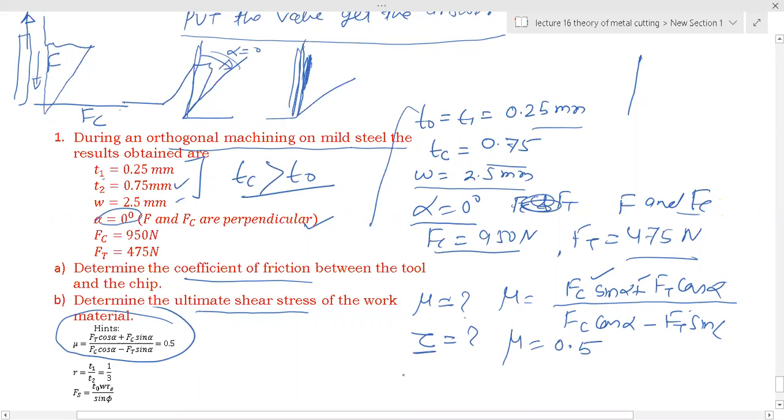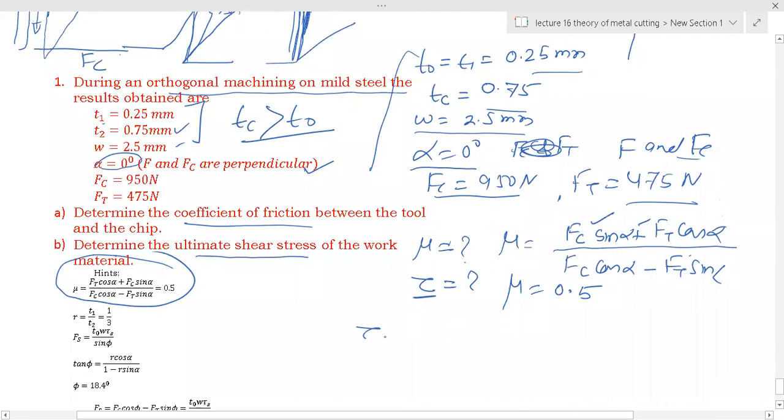To calculate tau, I already have discussed, tau is equal to shear force divided by shear area. Shear force you can calculate. Fs is equal to tau s times t0 times w divided by sin phi.